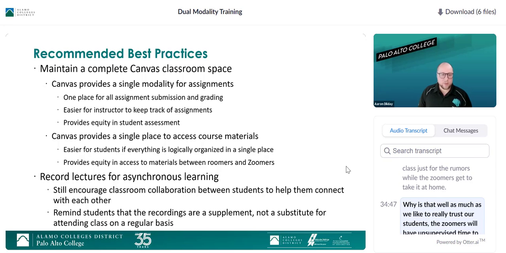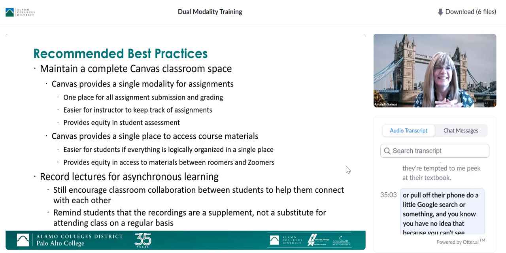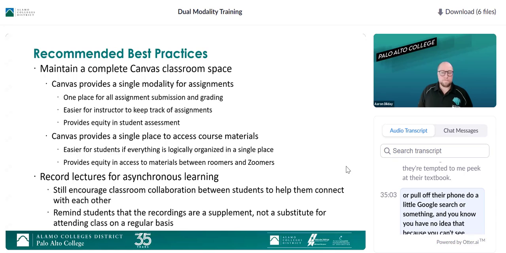Well, as much as we like to really trust our students, the Zoomers will have unsupervised time to take the test. I'm not alleging anything here, but I will say that there might be a few that are tempted to maybe peek at their textbook or pull out their phone, do a little Google search or something, and you have no idea of that because you can't see them.